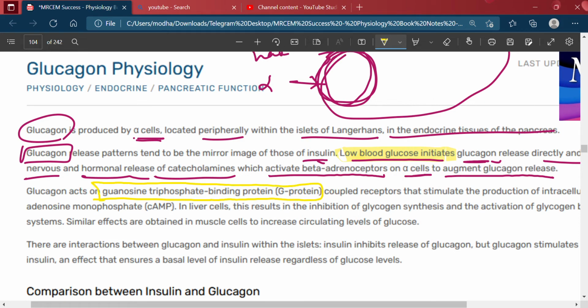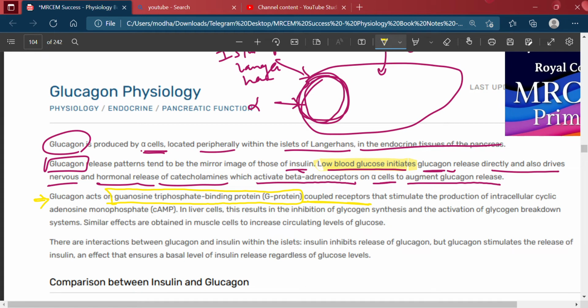This we have to remember: glucagon acts directly on the G protein coupled receptor, which stimulates the production of intracellular cyclic AMP in the liver cells.